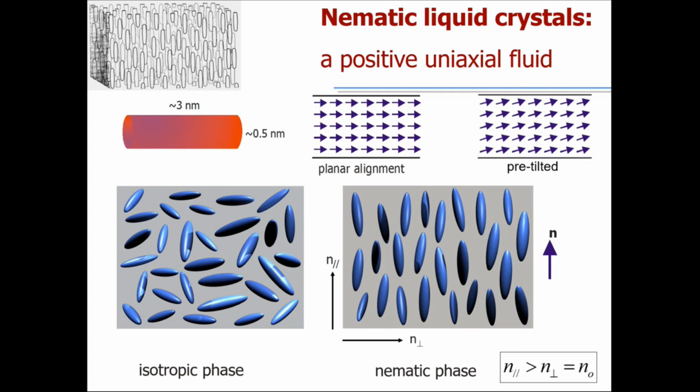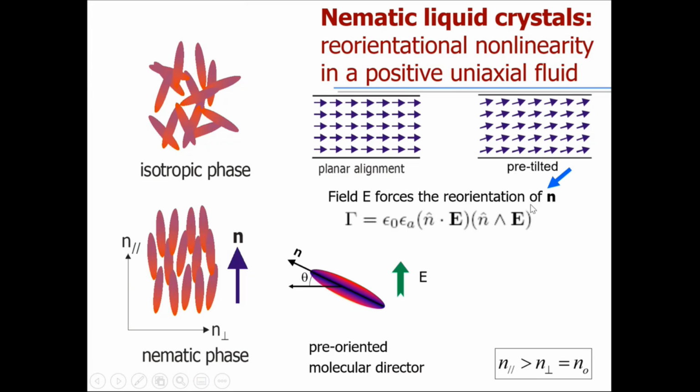So working in this type of medium, we can easily imagine that the application of an electric field, which could be a static electric field or an AC electric field, or the electric field of a light beam, as indicated by the green arrow, will induce a dipole in the molecules. And the molecules are elongated and anisotropic.